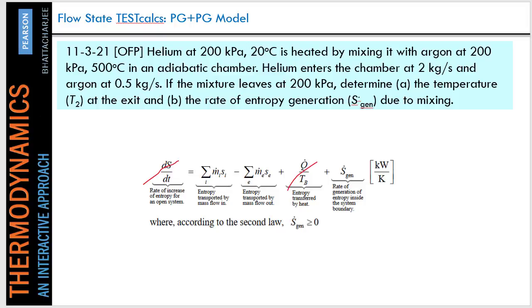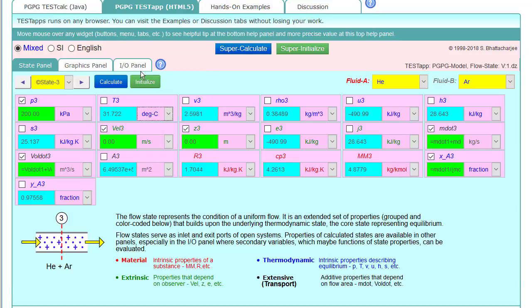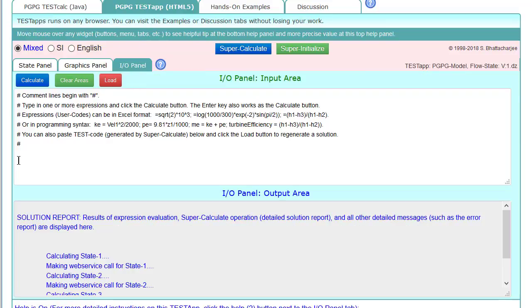So we can go back to test calcs in the I/O panel. And I like to do it in a few lines. You could probably do it all in one line, but I think this just keeps it organized. So S initial will be m dot 1 times S1 plus m dot 2 times S2.